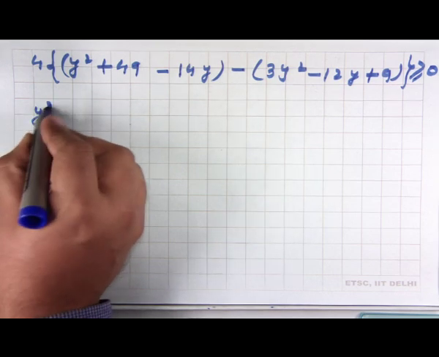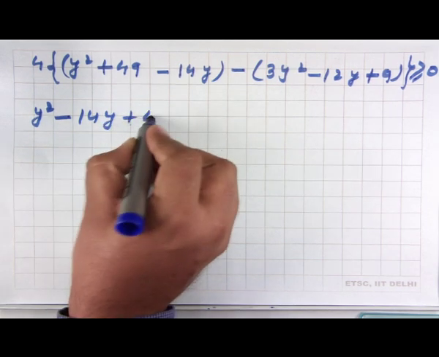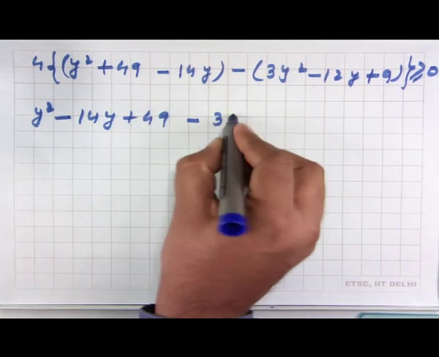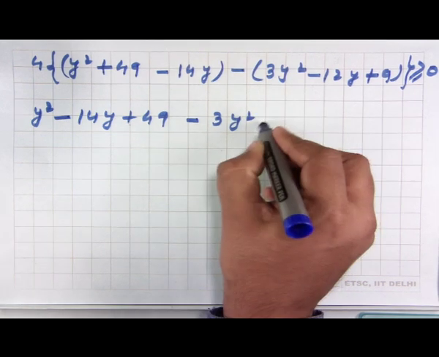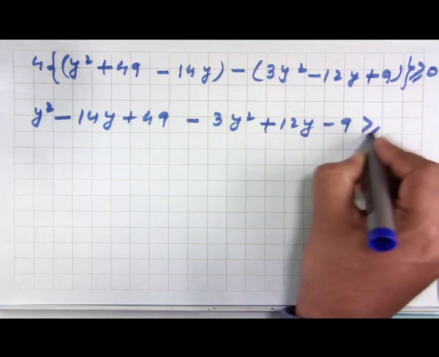Now, y square minus 14y plus 49 minus 3y square plus 12y minus 9 greater than or equal to 0.